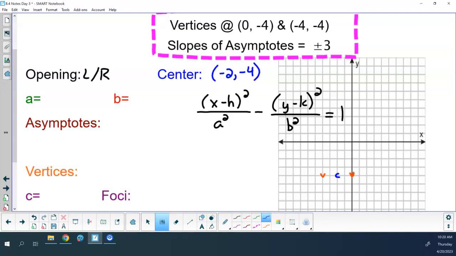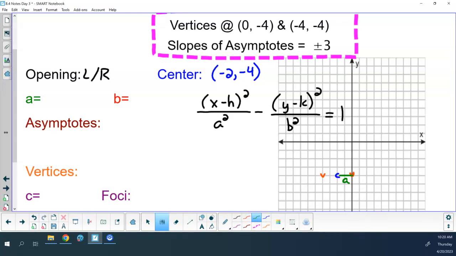Based off of the center and the two vertices, what other tidbit do I know? H and K, and which one? We know A, because A is the horizontal distance from our center to the edge of the box.